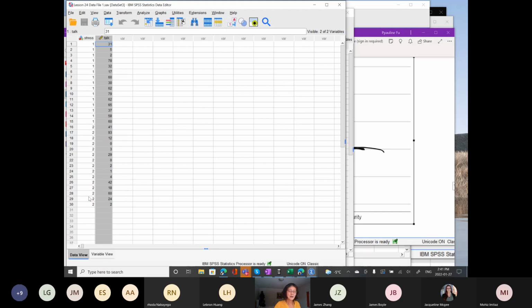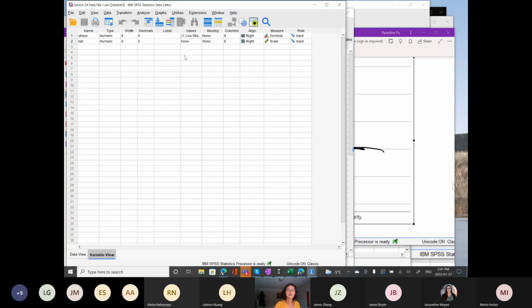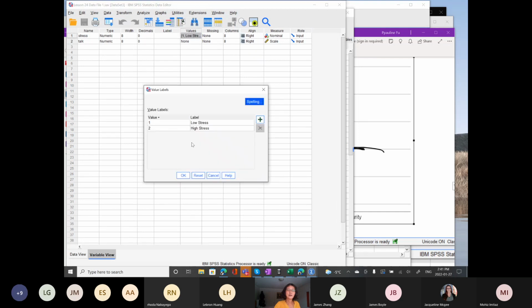If you go to variable view, the stress variable has either 1 or 2. 1 represents low stress, 2 represents high stress.